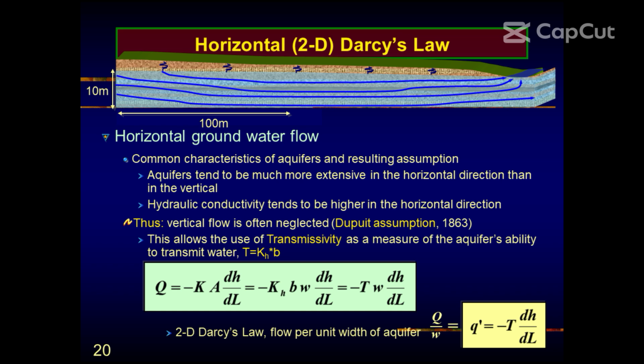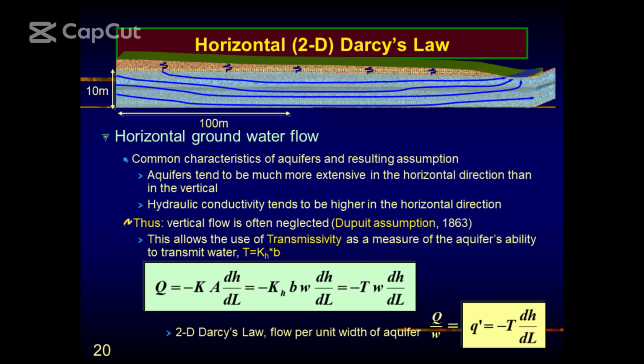We would be interested in the cross-sectional area if the length and the thickness of the aquifer are comparable, let's say 50 meters and 50 meters.